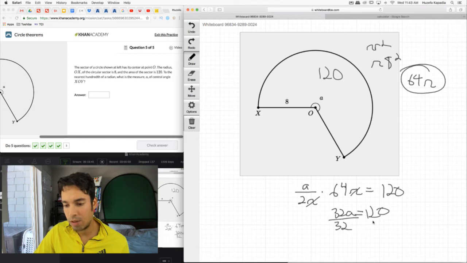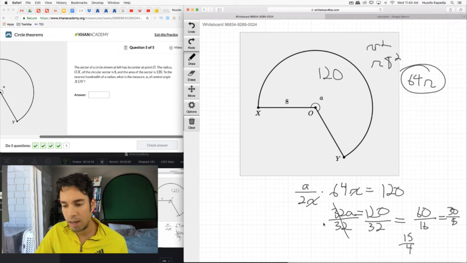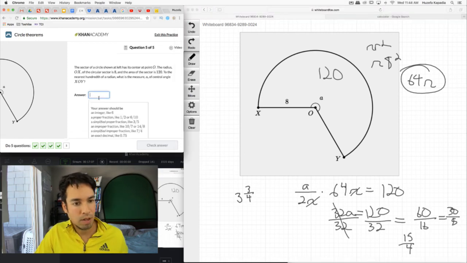Divide both sides by 32. This is the same as 60 over 16, which is the same as 30 over 8, which is the same as 15 over 4. So that I can do in my head. 15 over 4 is 3 3/4, which is 3.75.